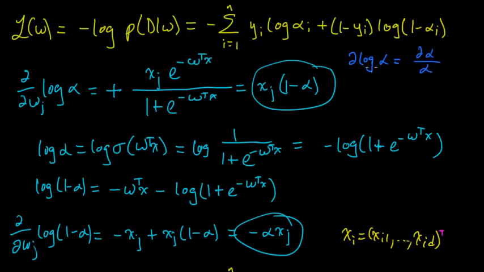And so if we multiply over here by alpha, then we get that the derivative of alpha equals alpha times the derivative of log alpha. This is for a generic alpha, like one of the alphas. And then it's alpha times this derivative, which is xj times 1 minus alpha.